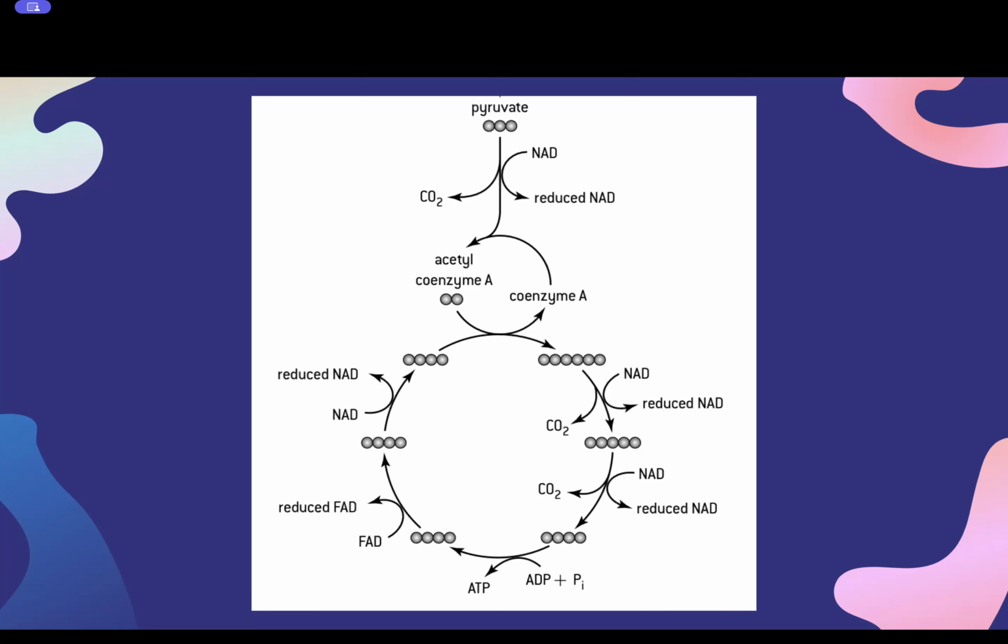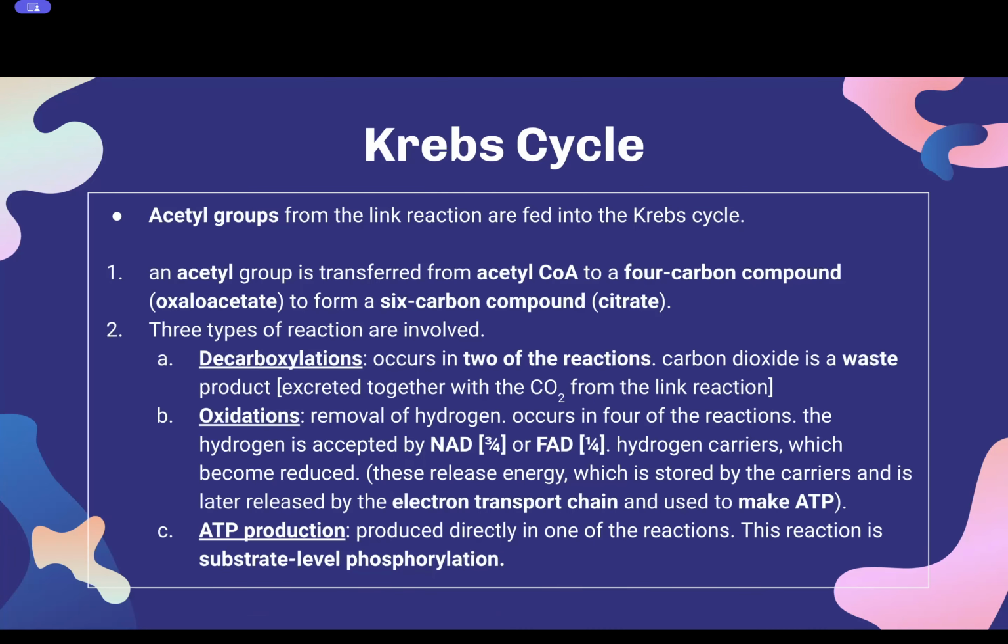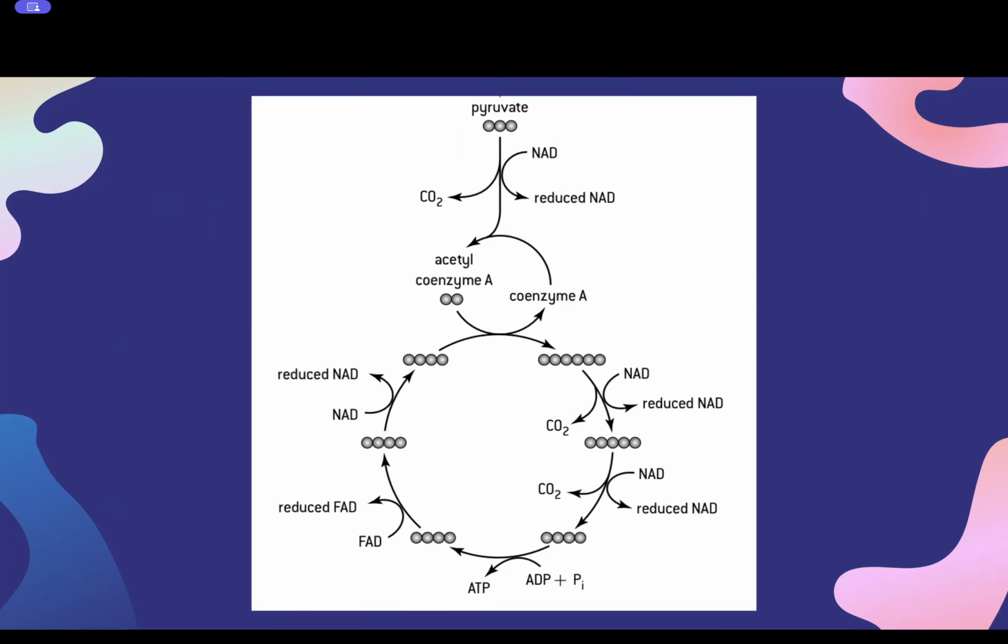It's just used as a transport mechanism, and the same six carbon compound is converted to the 4 carbon, and then again converted to the 6 carbon, and then again to the 4 carbon. It's a continuous cyclic process which continuously releases hydrogen protons to create reduced NAD and FAD.